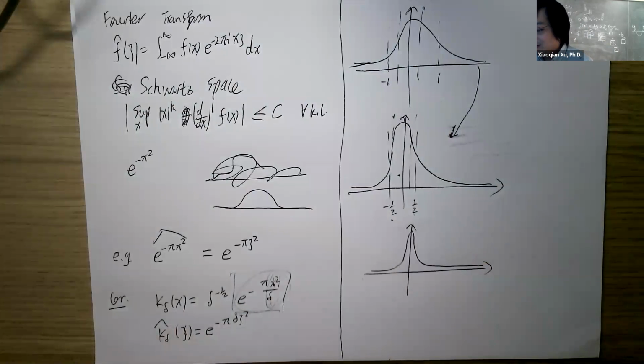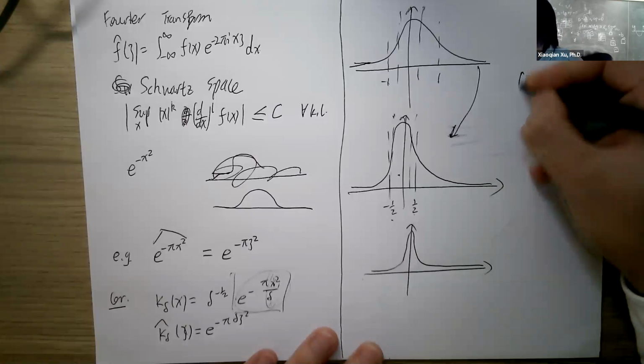But meanwhile, you can see that if you try to do this kind of squeezing operation, what you also want is, since Gaussian is somehow like a distribution, right? It's a distribution, so what you want is the total integration of Gaussian still keeps to be 1, okay?